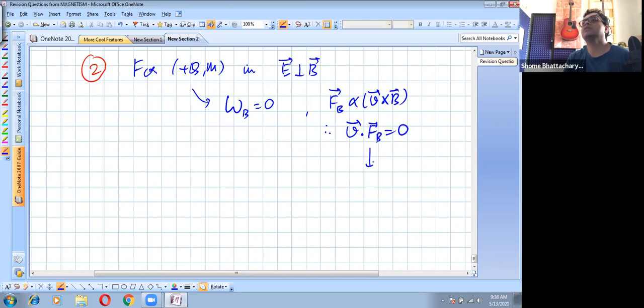So the power delivered by the magnetic force is always zero, whatever the path. So the work done by the electrostatic force is equal to the change in kinetic energy.